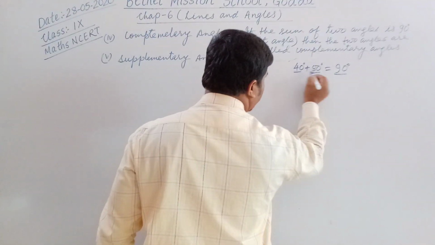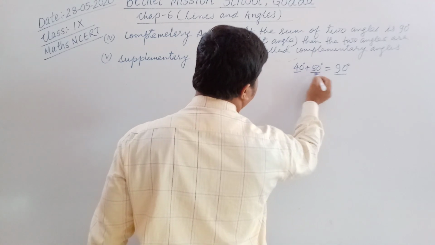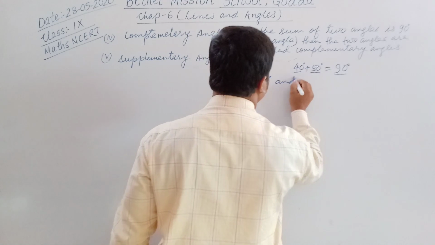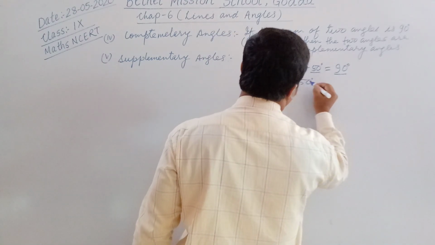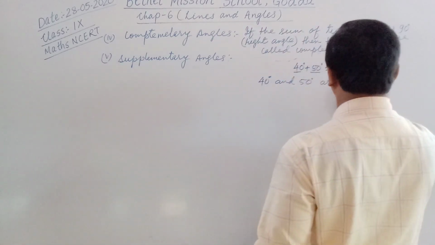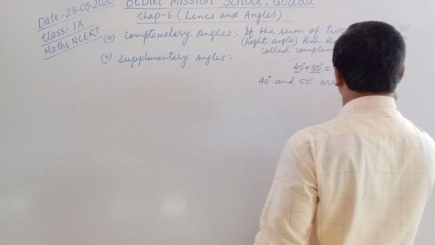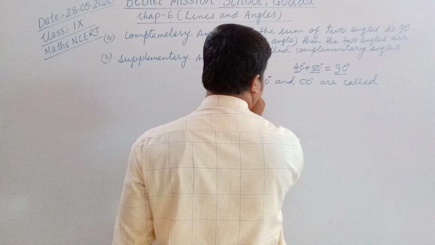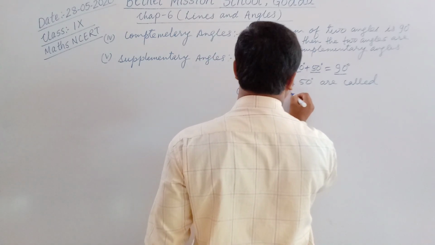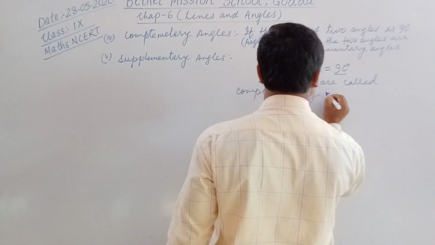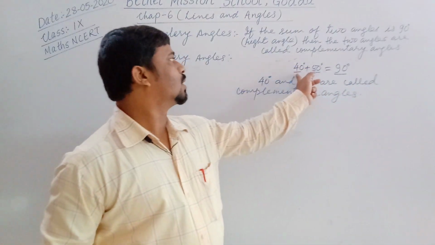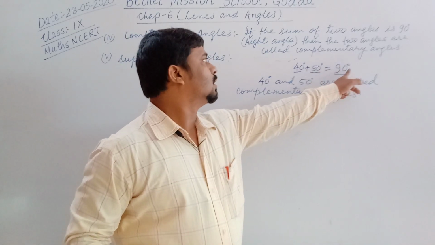Therefore, this 40 degree and 50 degree are called complementary angles, because 40 degree and 50 degree make 90 degree.